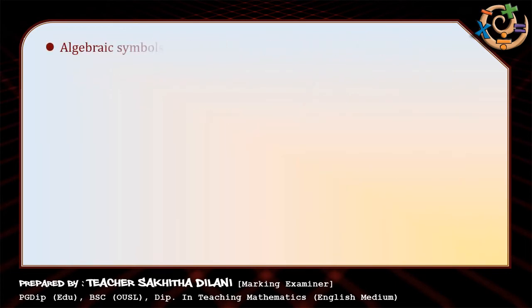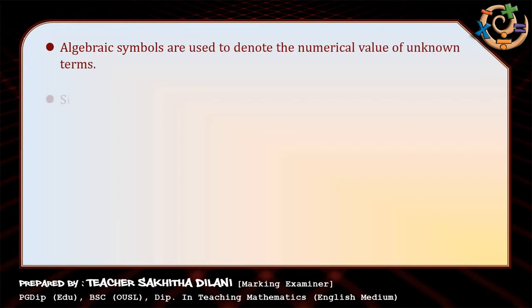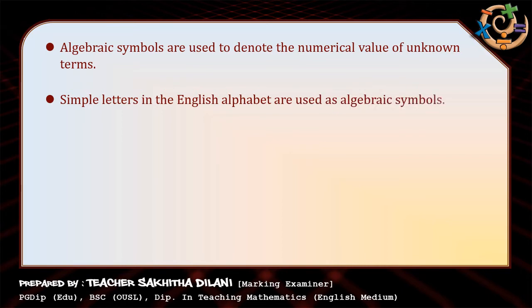Algebraic symbols are used to denote the numerical value of unknown terms. Simple letters in the English alphabet are used as algebraic symbols. Accordingly, the amount of milk in a bottle can be considered as x milliliters.